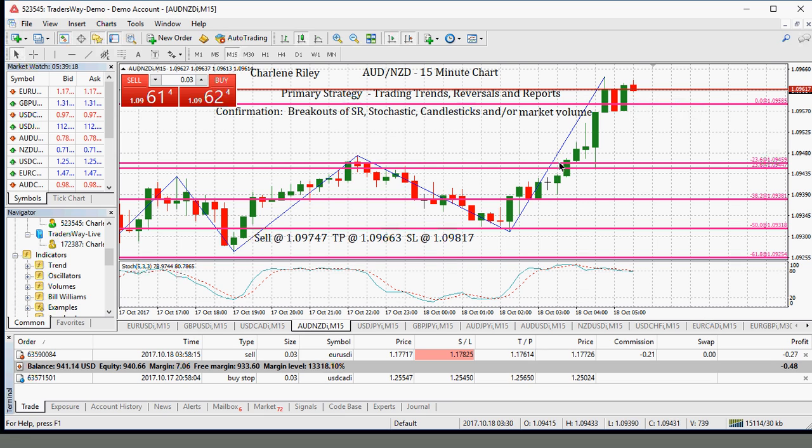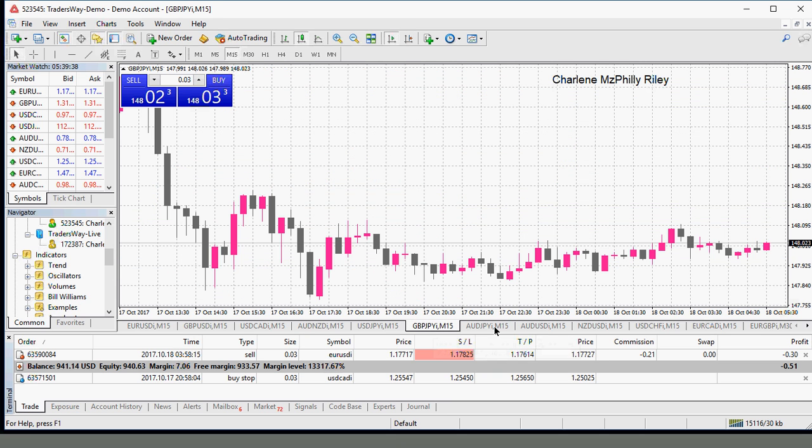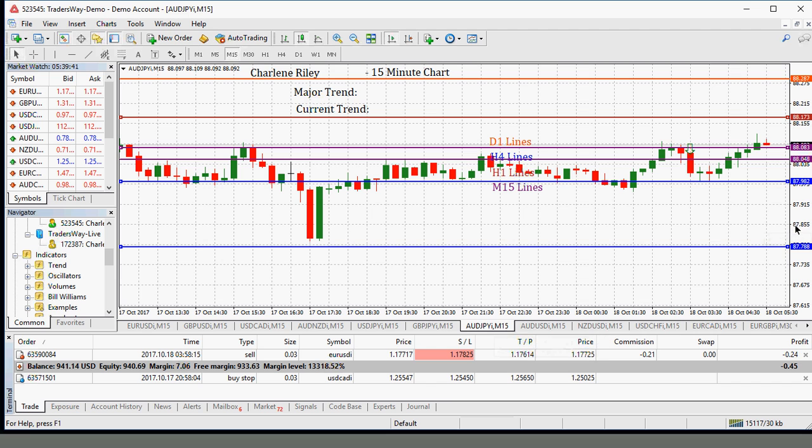But there's no indicator here that would lead me to enter into a trade right now. So I just have to say, wow, look at all those pips, and just move on. Nothing.